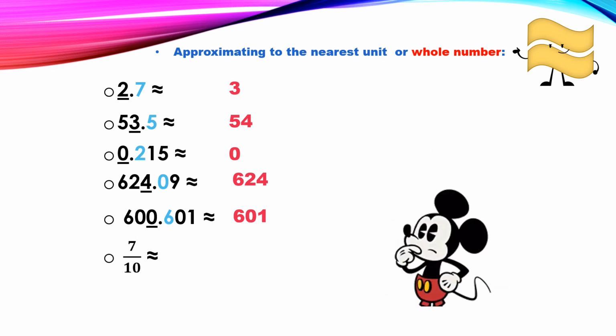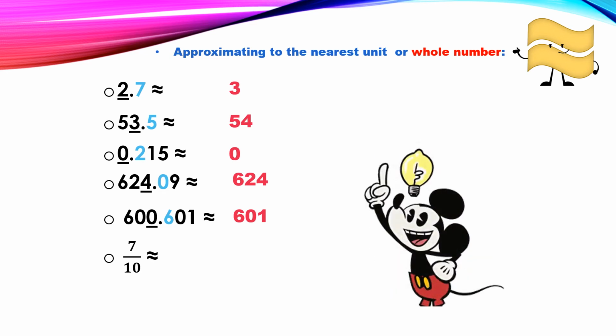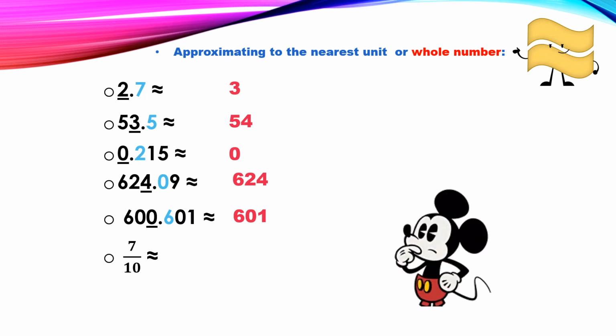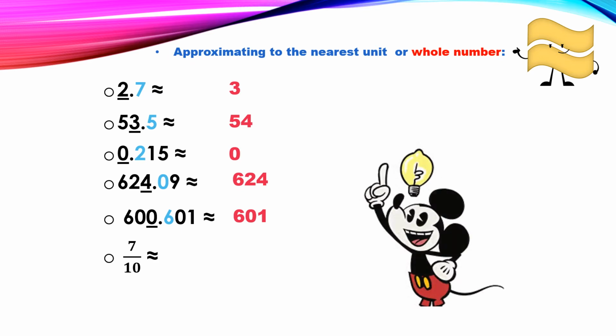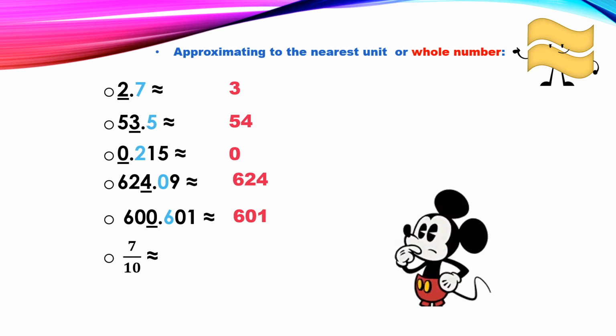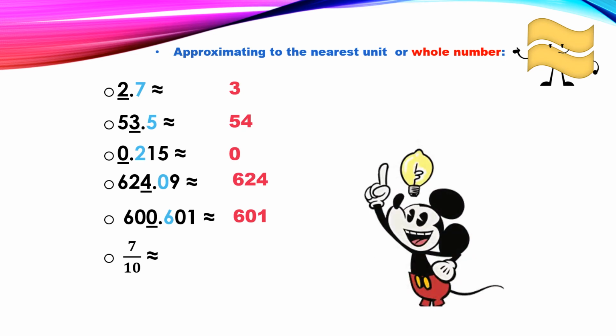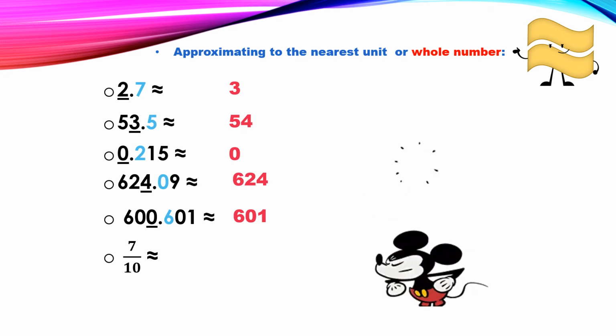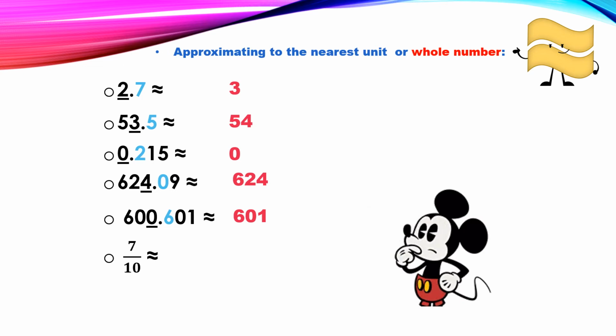Another question. Here I have 7 tenths. Before we do our approximation, we must replace this fraction with a decimal number. How do we convert it to a decimal, guys?